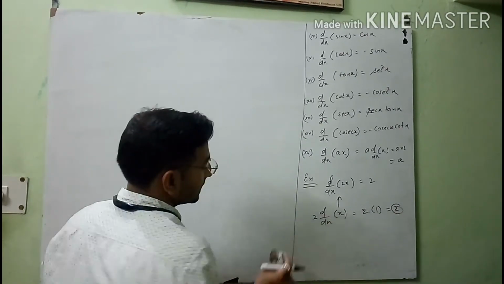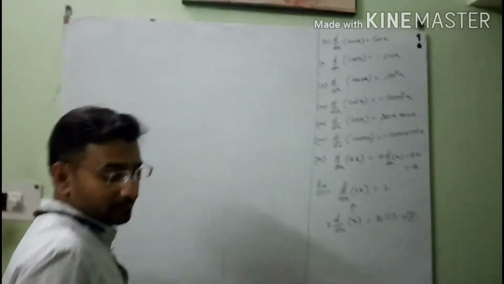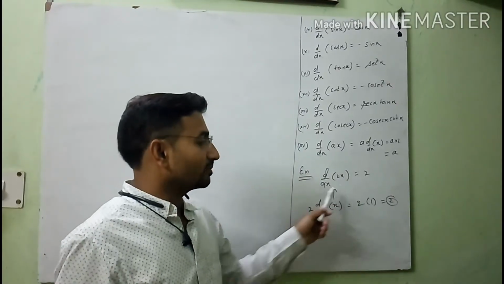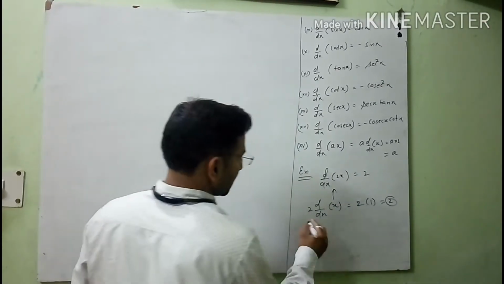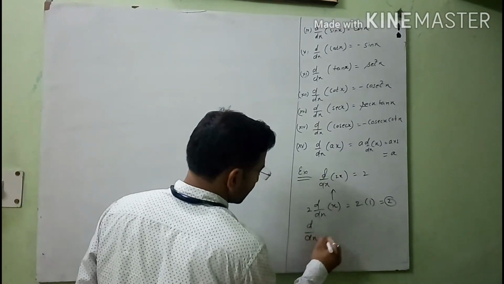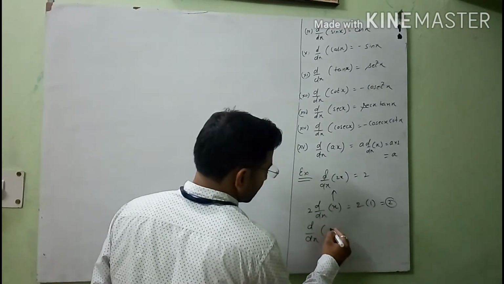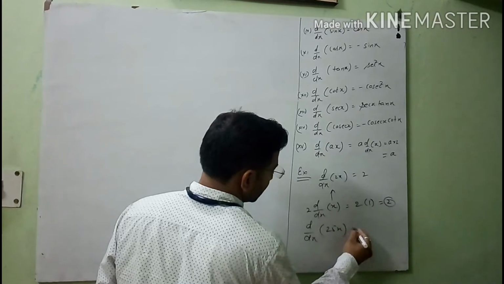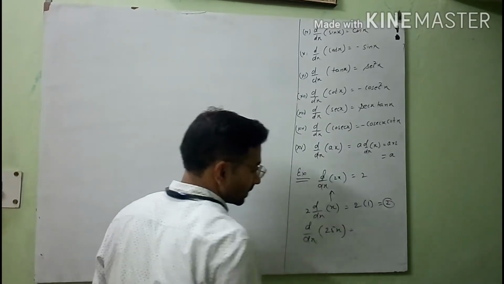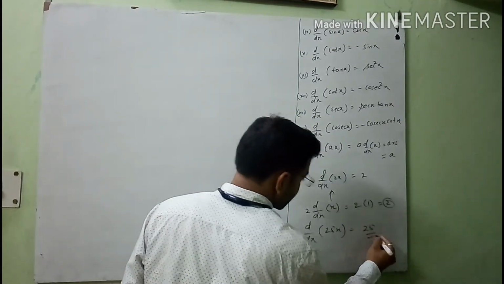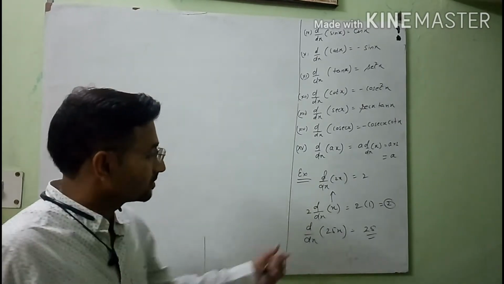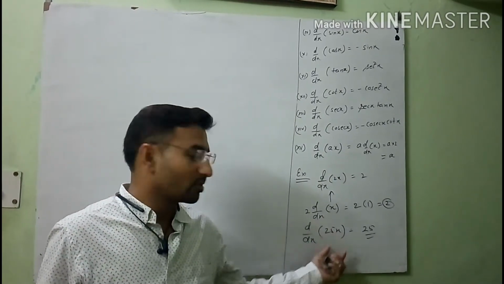So this point is clear, how we will solve. When this type of question comes, you will solve like that. If I take any other example, d upon dx of 25x, then what will be the answer? The answer will be 25. So this is the solution when the function is given in a linear form.